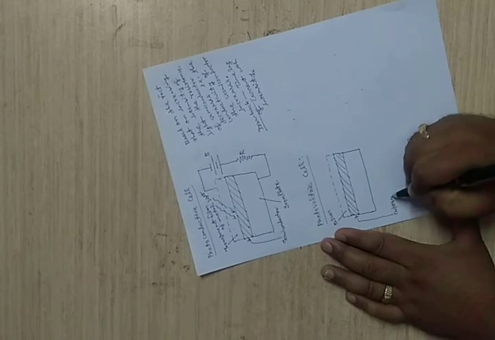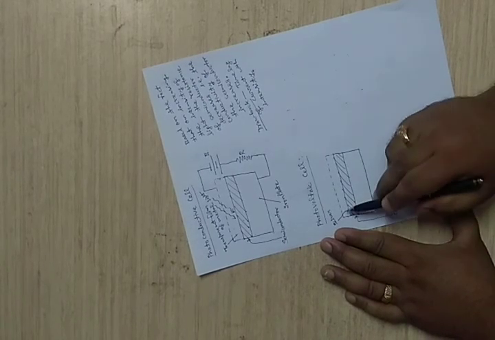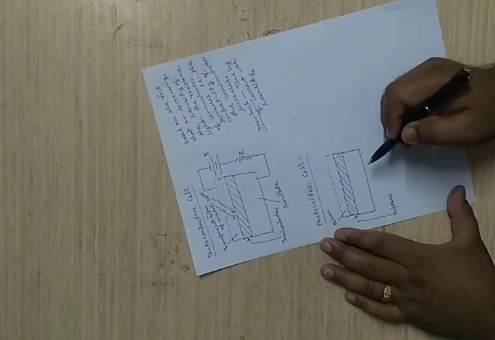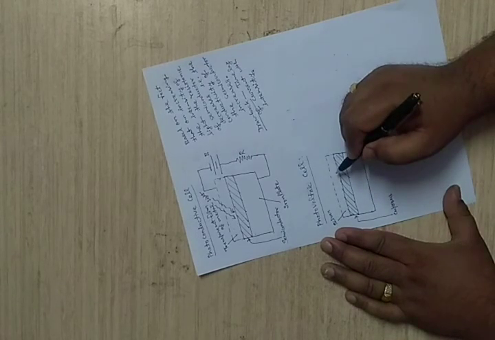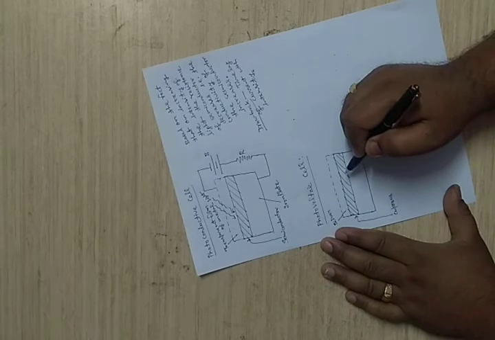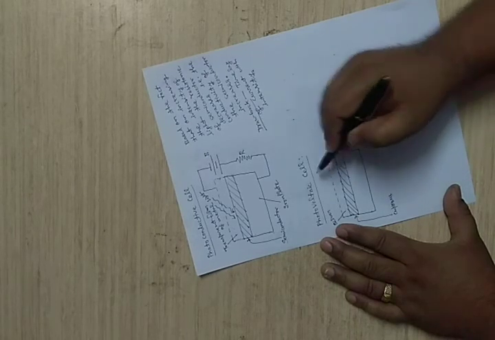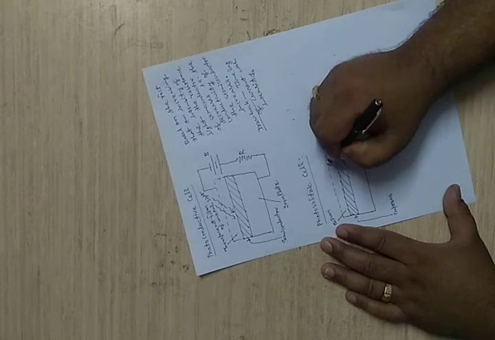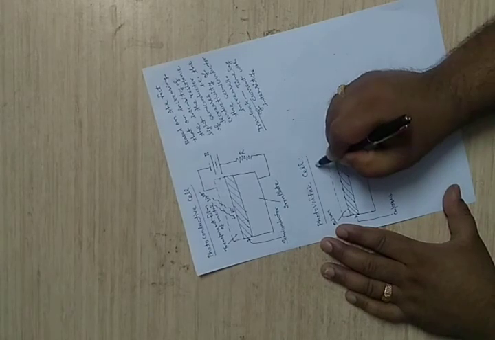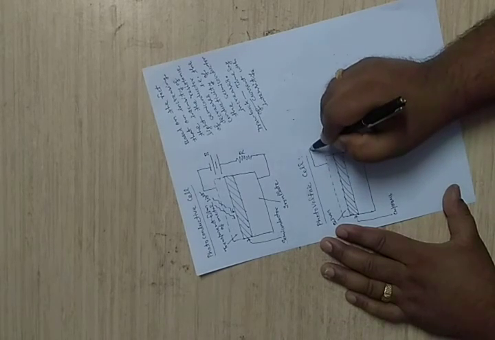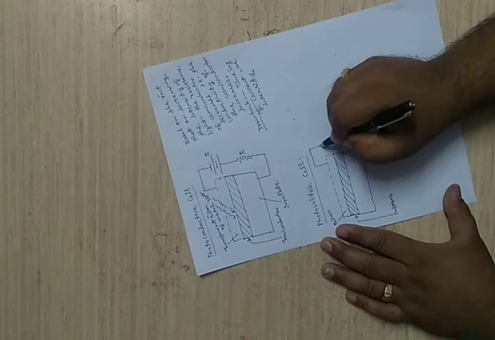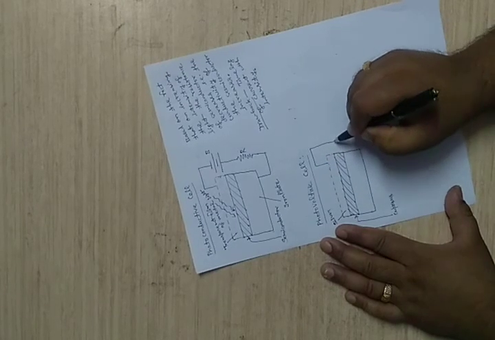Here we can see that there is a silver coating. First complete the connection diagram, then we will talk about it in detail.